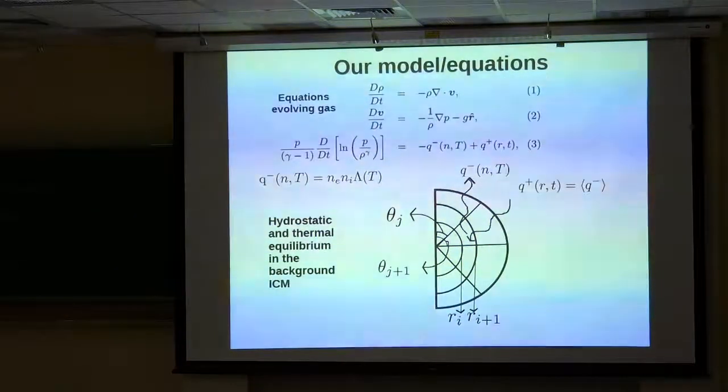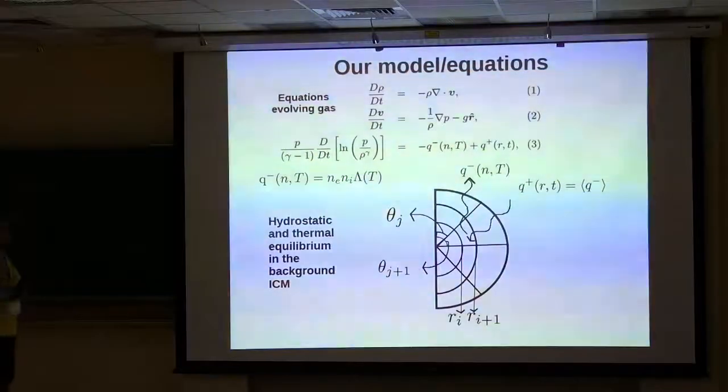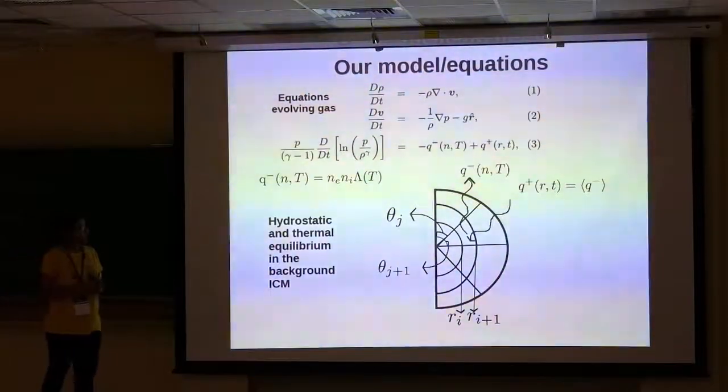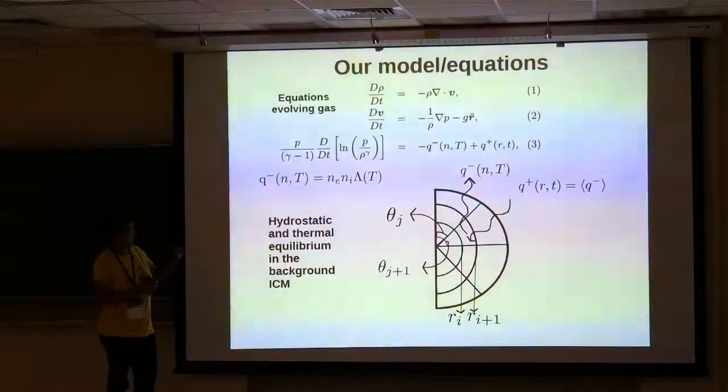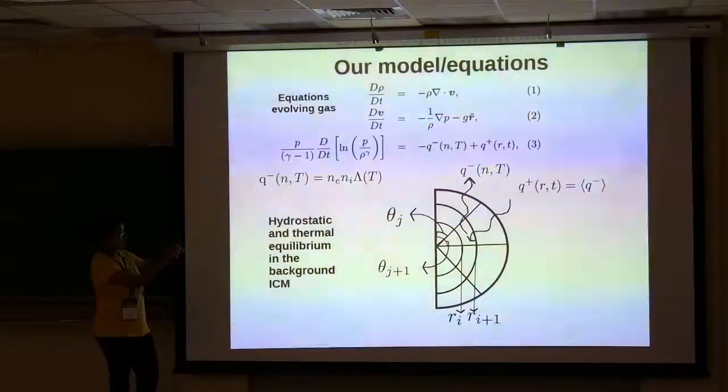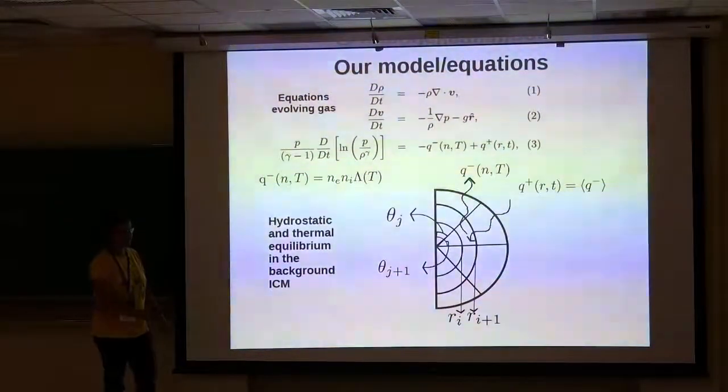With this idea, we try to take a setup very similar to what Pratik had. This is a model where at first, at t equal to 0, gas is in thermal and hydrostatic equilibrium, and at each time step we see how much cooling is happening in each shell, and we put in an average amount of heating in each shell, so that on average the shell is in thermal balance, but in tiny patches within the shell there could be more cooling or more heating.